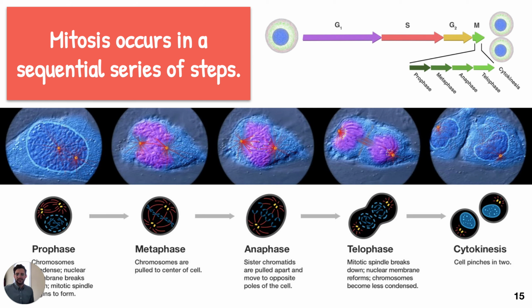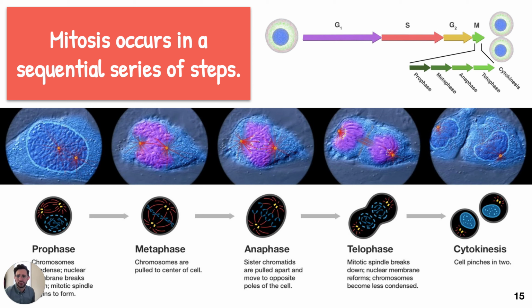We can see on the slide that during M phase, the genetic material of the parent cell needs to be distributed to the daughter cells once the nucleus divides and all that genetic information is split into two different cells.